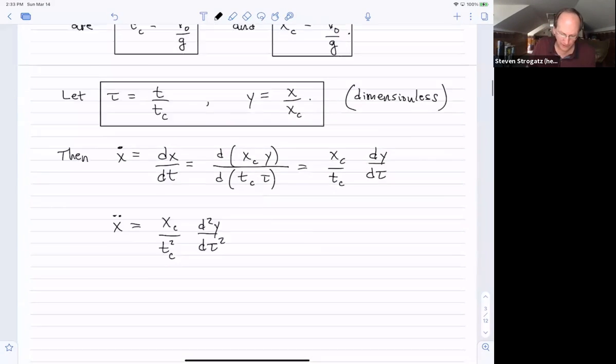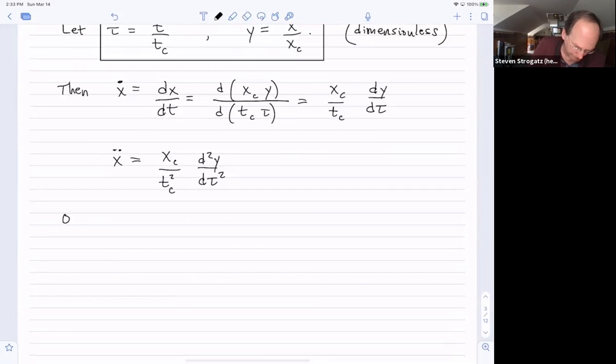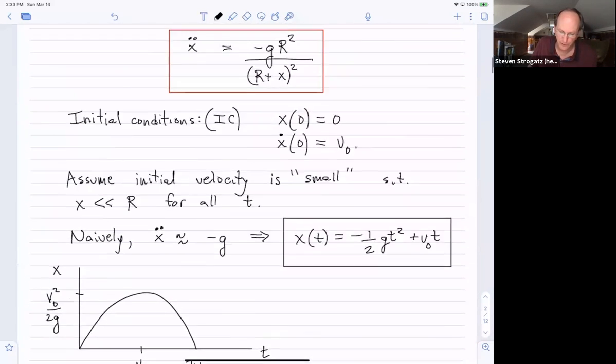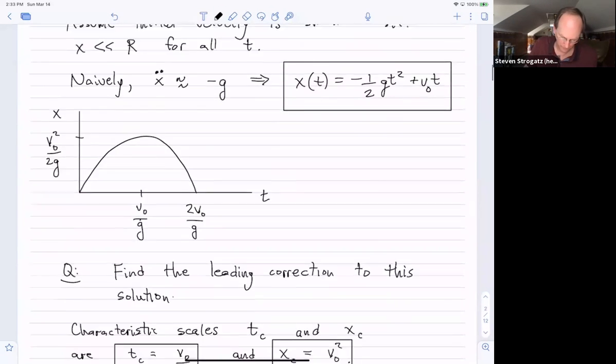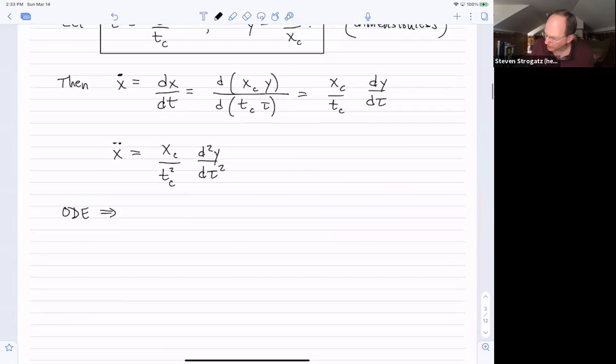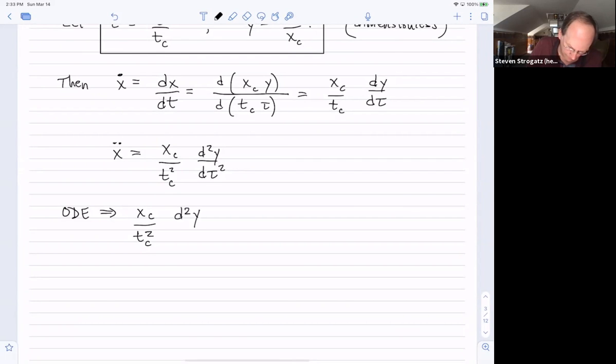So putting everything then into the differential equation, or ODE, the ordinary differential equation, that's how I'm going to refer to this expression up here. This is my ODE. That ODE will become xc over tc squared, second derivative of y with respect to tau, is minus g r squared.